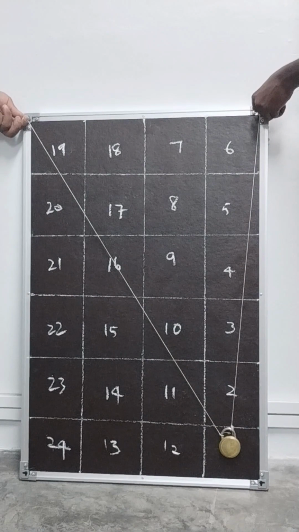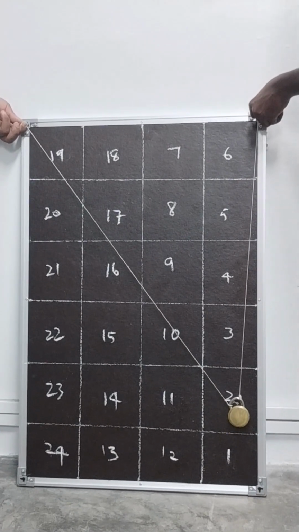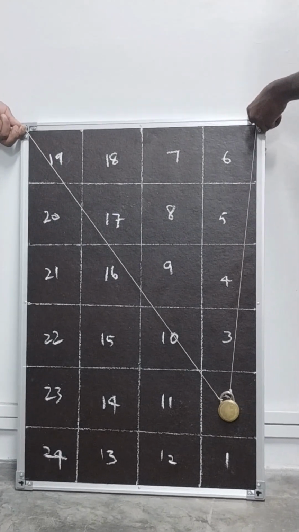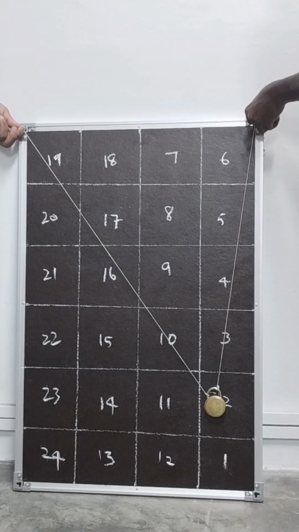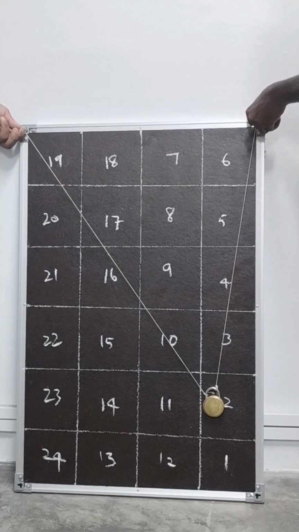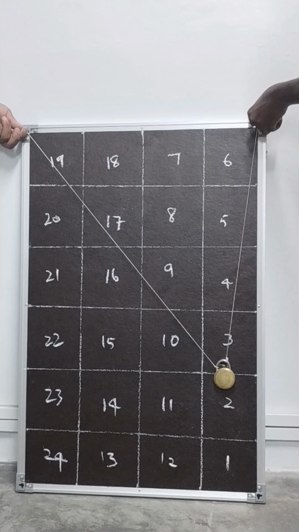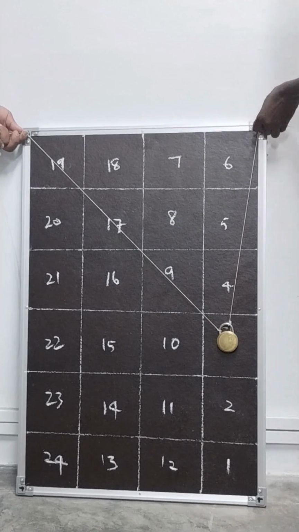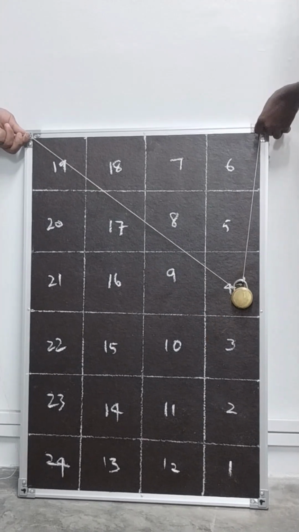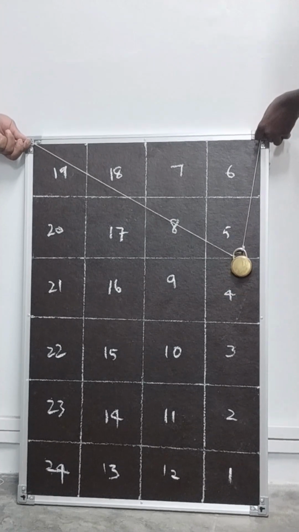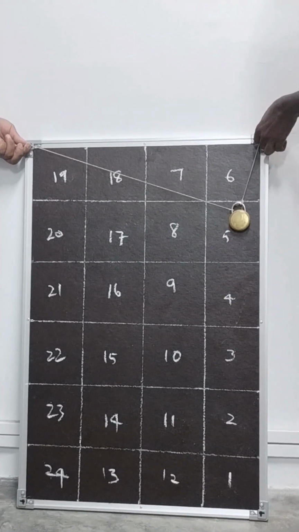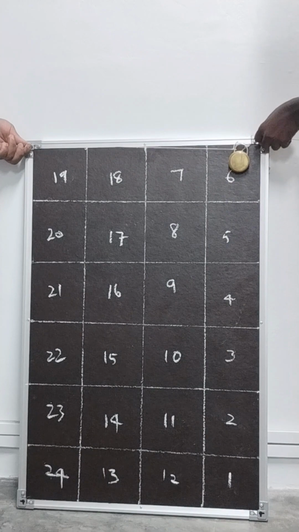So the first grid point is being cleaned, and now the second grid point is being painted or cleaned. Now the lock is moving towards the third grid point, then the fourth, the fifth, and then the sixth grid point. So the first vertical portion is being cleaned.